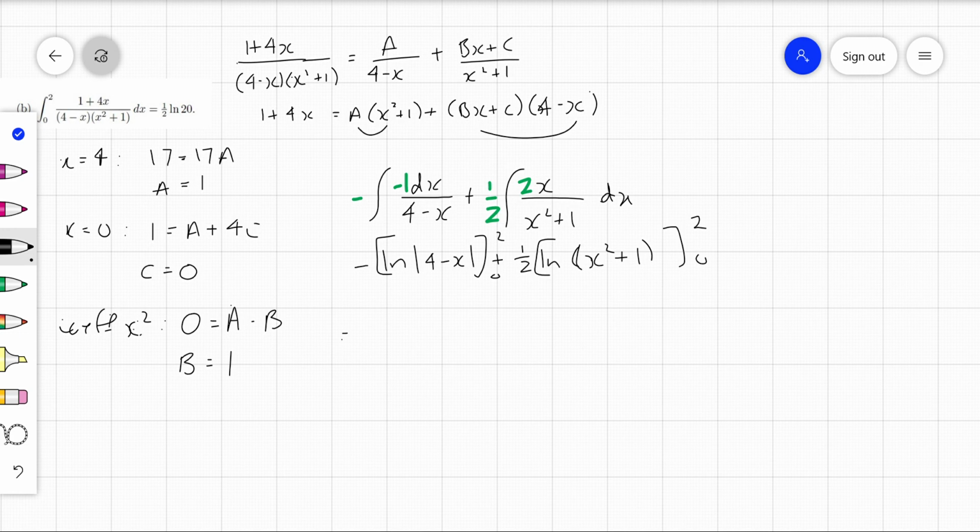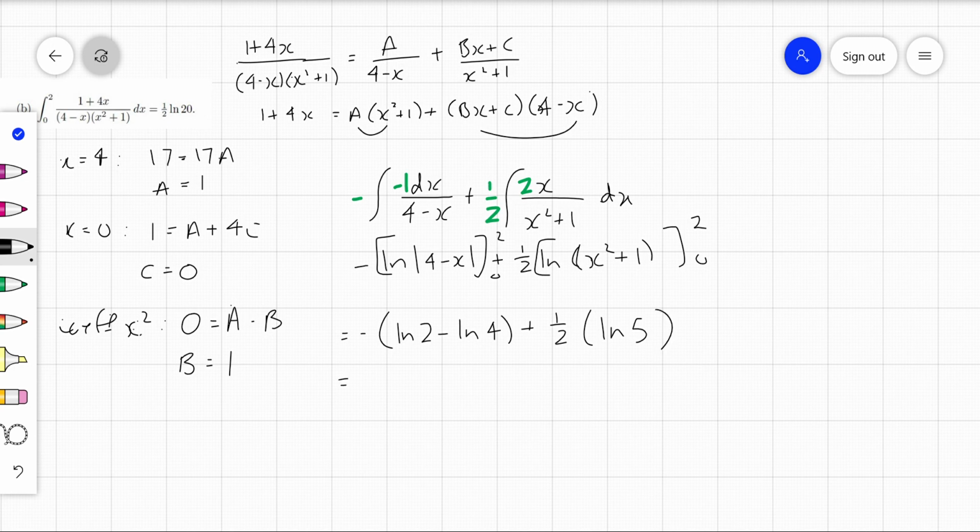Alright, so minus, if I put a 2 in, I get log 2, minus, if I put a 0 in, I get log 4, plus a half, log, if I put a 2 in, I get 5, if I put a 0 in, I get log 1, we know that's 0, so I'll just leave it like that.